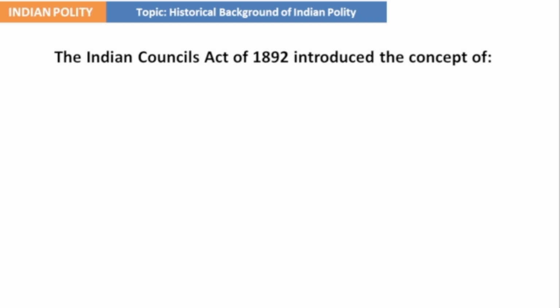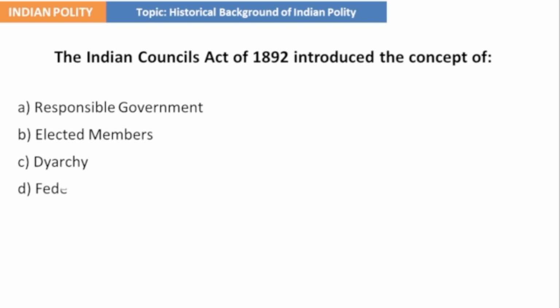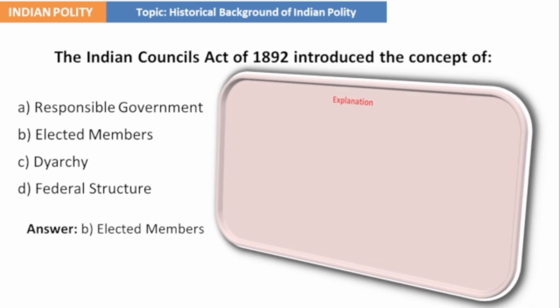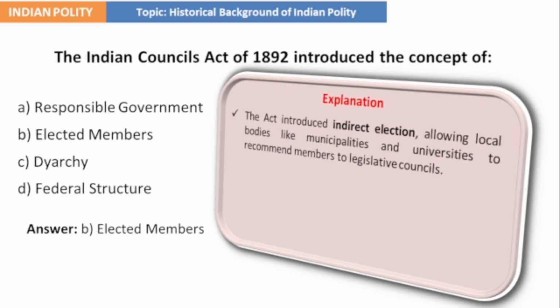The Indian Councils Act of 1892 introduced the concept of... right answer is option B, elected members. The Act introduced indirect elections, allowing local bodies like municipalities and universities to recommend members to legislative councils.